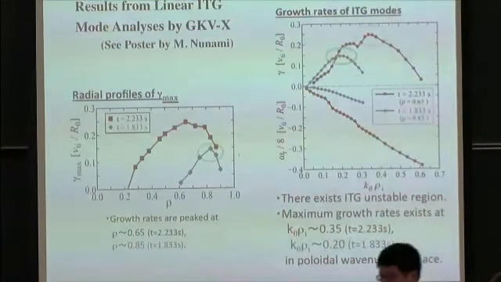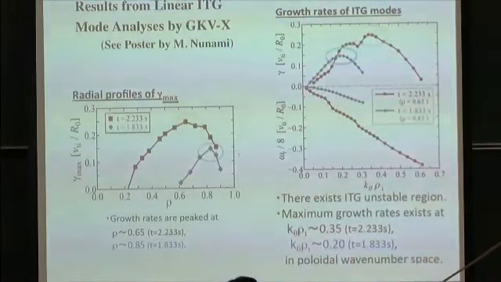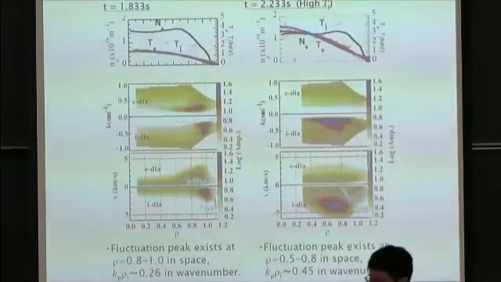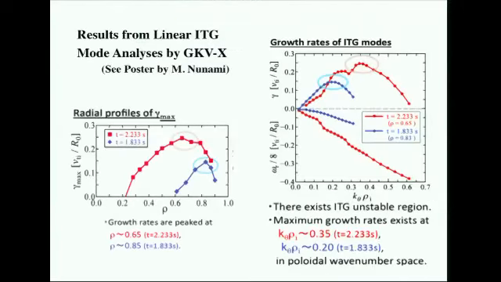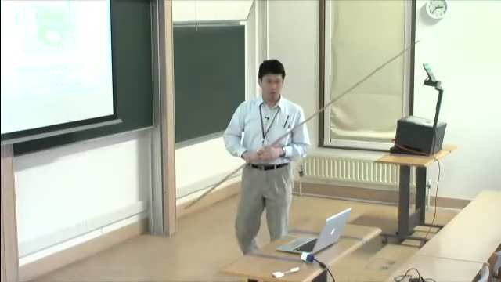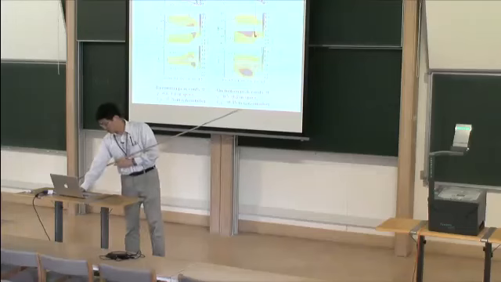These peaks are in very good qualitative agreement with the fluctuation peaks found. Also, these are the wavenumber dependences of growth rate, and this peak value of the wavenumber also shows good correlation to experimental findings.